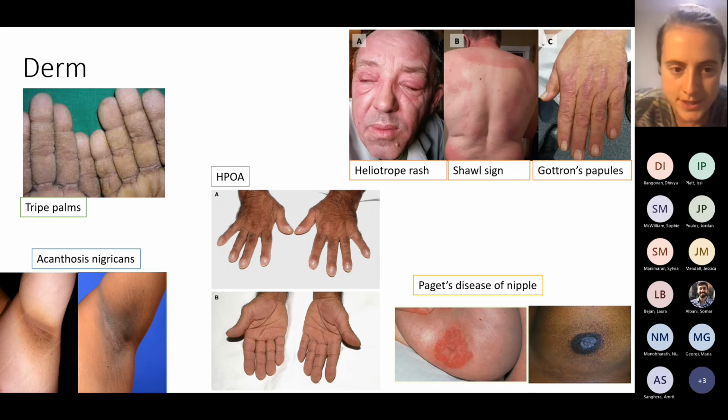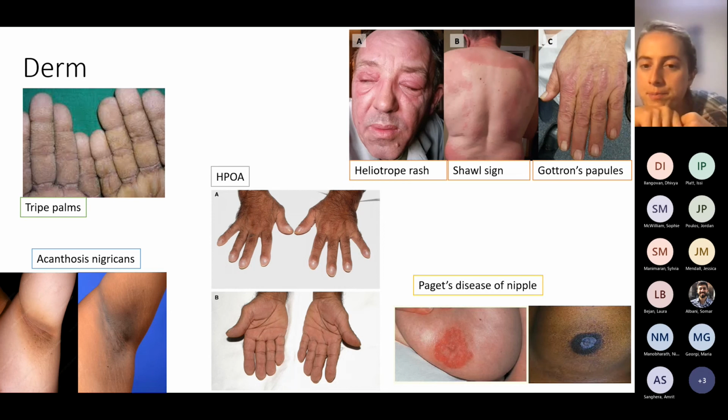How about this one? Does anyone know what this is? I can tell you it's a triad of clubbing, painful arthropathy, and periostitis. It's a bit mean. Yeah, it is clubbing. Yes, exactly. HPOA.